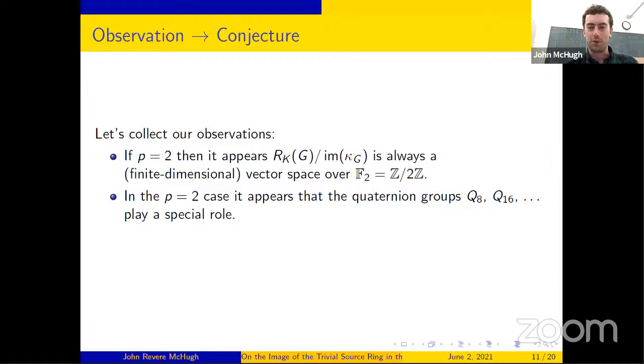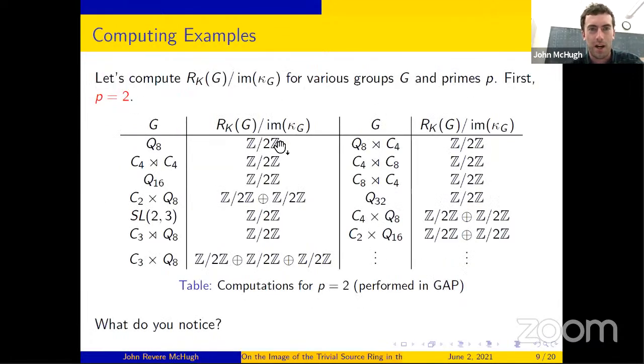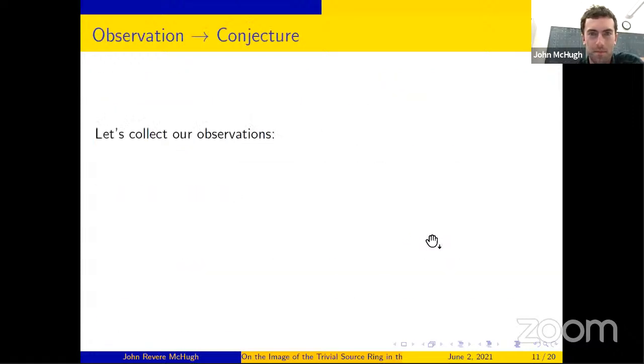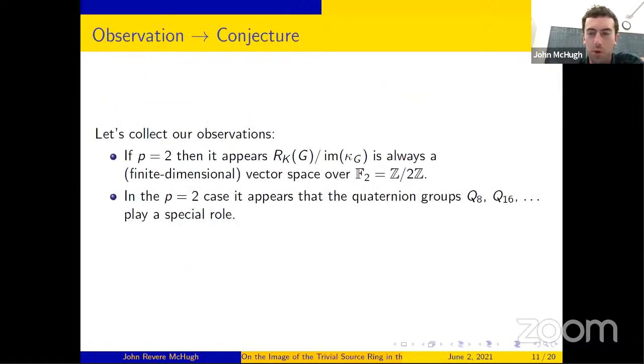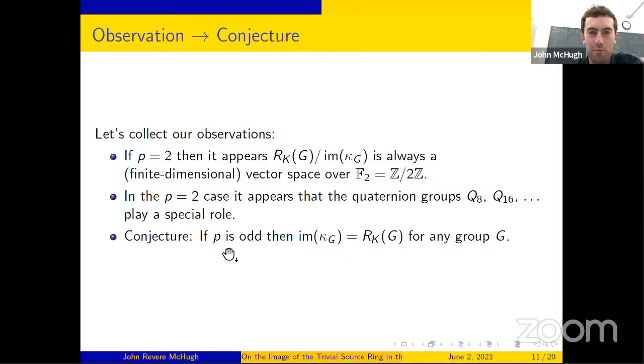And if you look back at that table, the value of this quotient at any one of these quaternion groups is Z mod 2Z. That might explain why Z mod 2Z is showing up everywhere else in the table. Okay, so those are two observations. The last conjecture is that if P is odd, then the image of kappa sub G is equal to the entire virtual character ring. Or that's another way of saying kappa sub G is a surjective ring homomorphism.